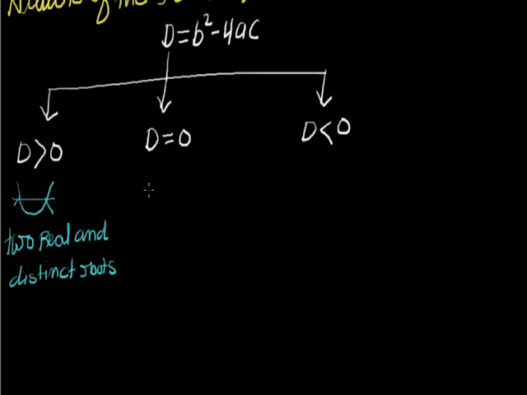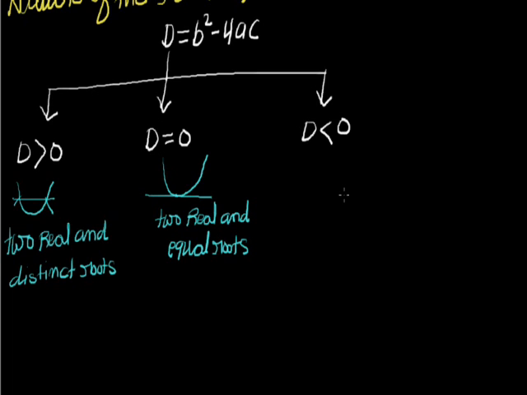Now we come to the second case. If D is equal to 0, then the graph will be like this. It will touch the x-axis. So in this case it has two real and equal roots. That is the case for D equals 0.